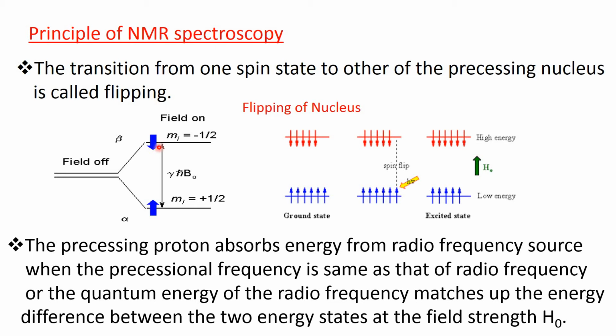Otherwise, you can say that when the energy difference between the alpha state and beta state is the same as the energy of the radio waves, then only this flipping occurs. The precessing proton absorbs energy from the radio frequency source when the precessional frequency is the same as that of the radio frequency, or the quantum energy of the radio frequency matches the energy difference between the two energy states at the field strength H0.